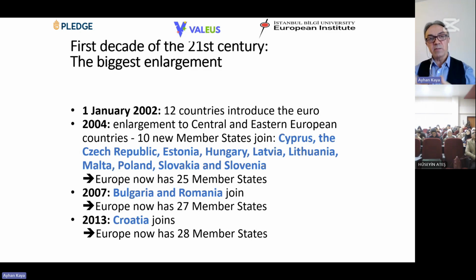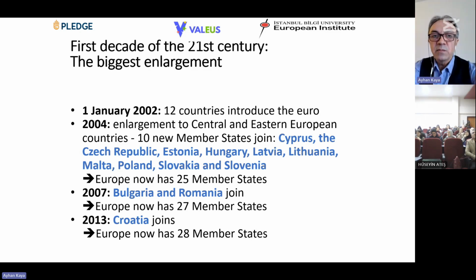In 2002, on the 1st of January, the Euro is introduced in some of the European Union member states, and gradually the other member states also introduced the Euro instead of their national currencies. The biggest European Union enlargement took place in 2004. Cyprus, Czech Republic, Estonia, Hungary, Latvia, Lithuania, Malta, Poland, Slovakia, and Slovenia joined the European Union.